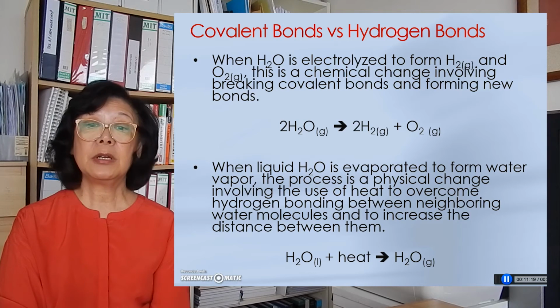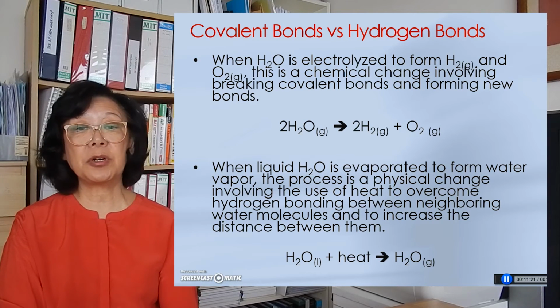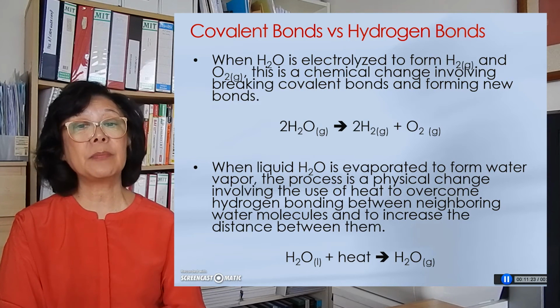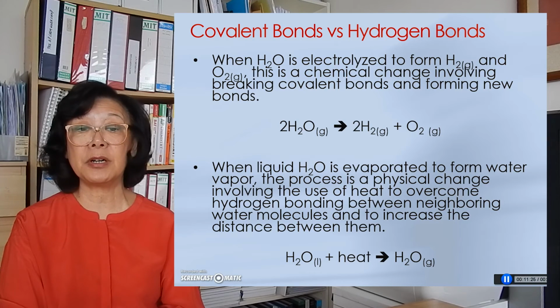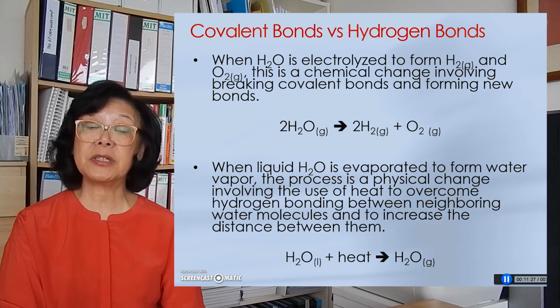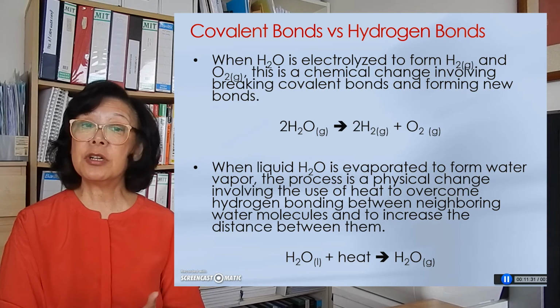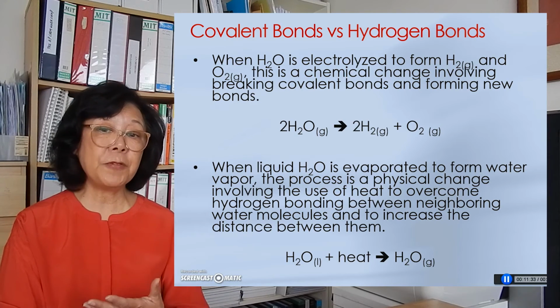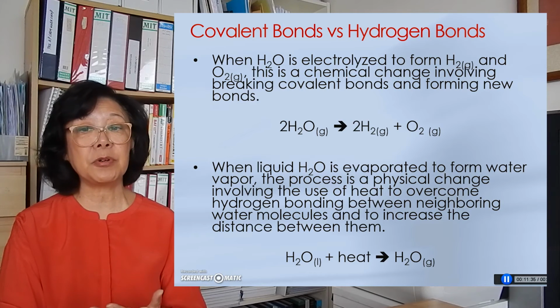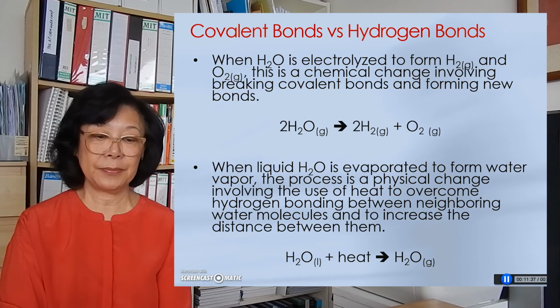So remember, the electrolysis of water is a chemical change involving breaking the covalent bonds, whereas the evaporation of water is a physical change involving overcoming hydrogen bonding. Students often are confused by these two concepts, and it is really important that we make them very clear.